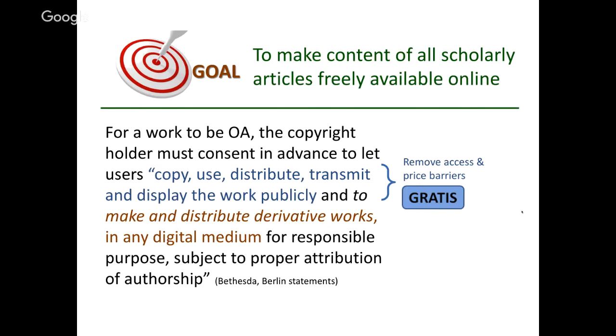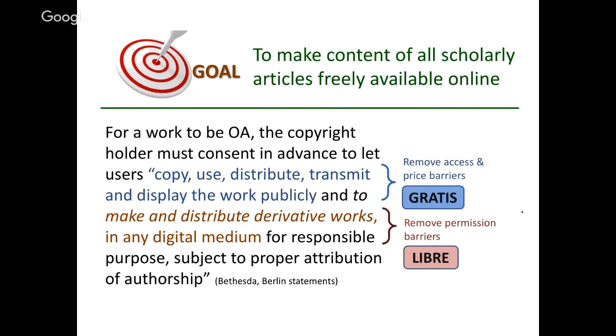So you have removed the access as well as the price barrier. Now coming to the second component. This is the component where sometimes we have difficulty understanding. The second component says the copyright owner must make and distribute derivative works in any digital medium for responsible purpose with proper attribution. So what does this mean? It is not just enough to put your work online and to provide it free.